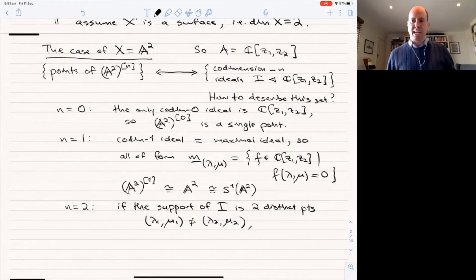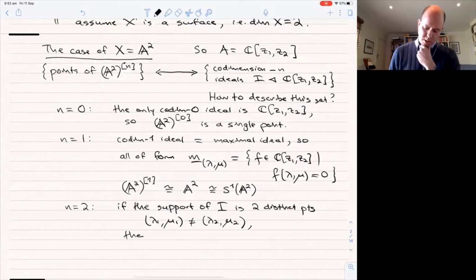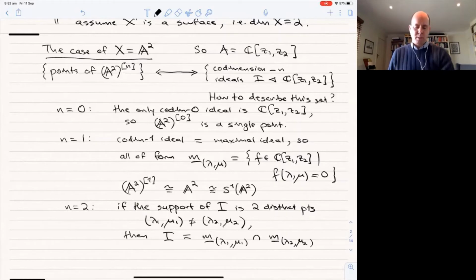And if it's contained in both codimension-1 ideals, and this ideal has codimension-2, then in fact the ideal has to be the intersection of those two things. So in other words, it's just all the polynomial functions that vanish at these 2 points. That's one type of codimension-2 ideal where the support is 2 distinct points.